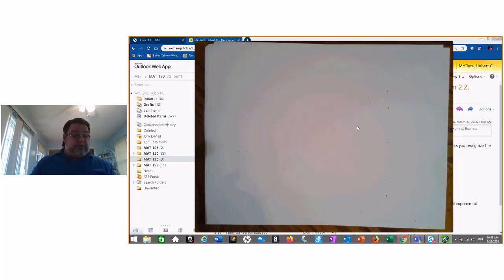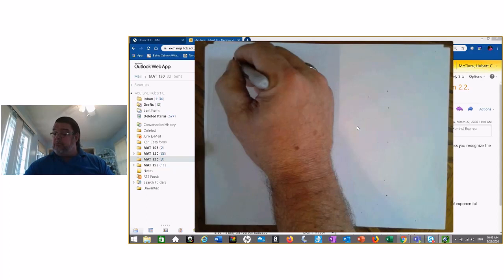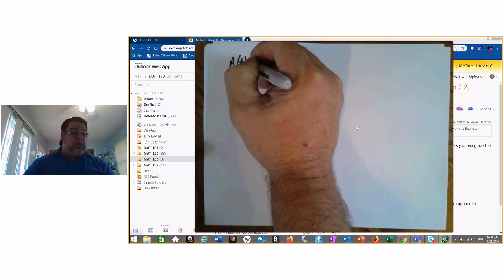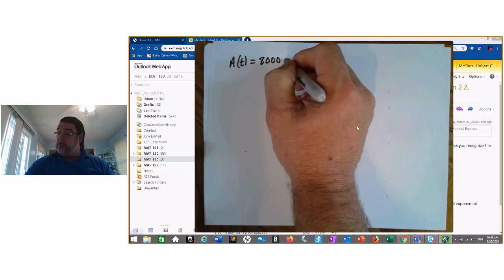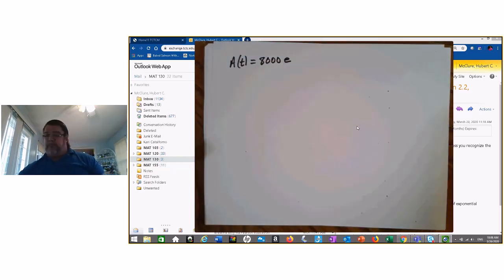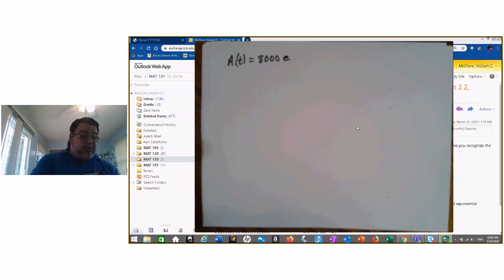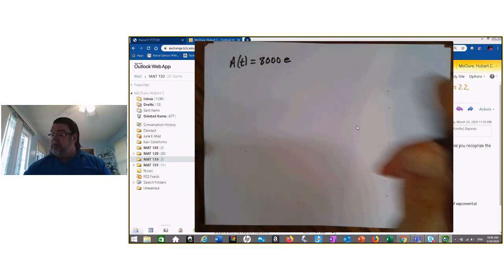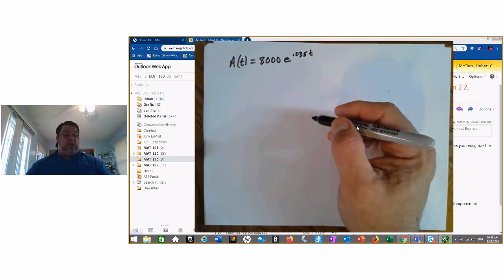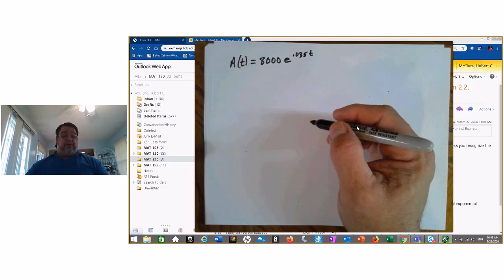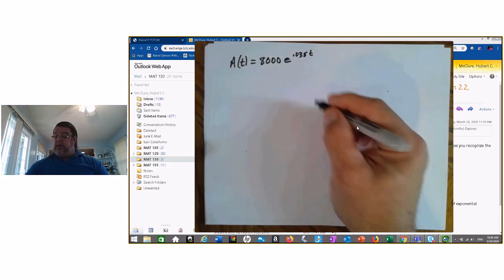All right, this one says the equation A of t is equal to 8,000 e to the 0.035t gives the balance after t years of an initial investment of $8,000, which pays 3.5% compounded continuously, PERT.